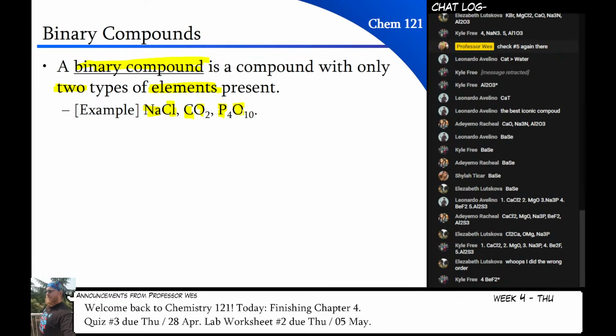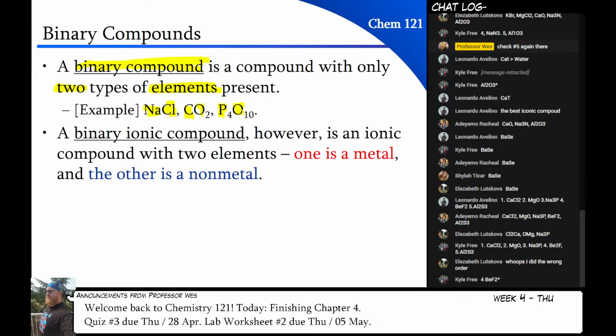Now, an ionic compound, you've probably noticed this already. Ionic compounds have metals and nonmetals in them. The metals are the ones that give up their electrons, because they're on the left side of the periodic table. They're closer to being at 0 for the octet. Nonmetals are on the right side of the periodic table.